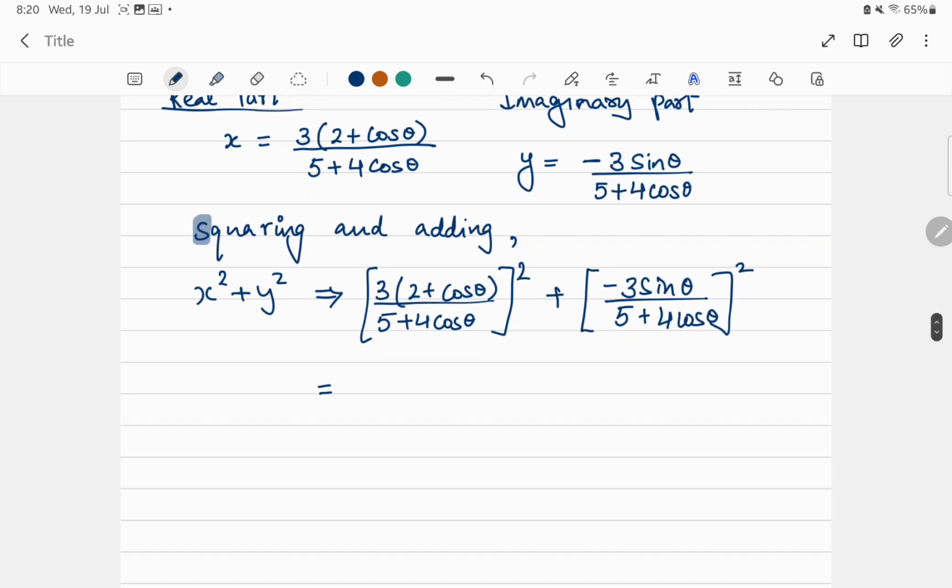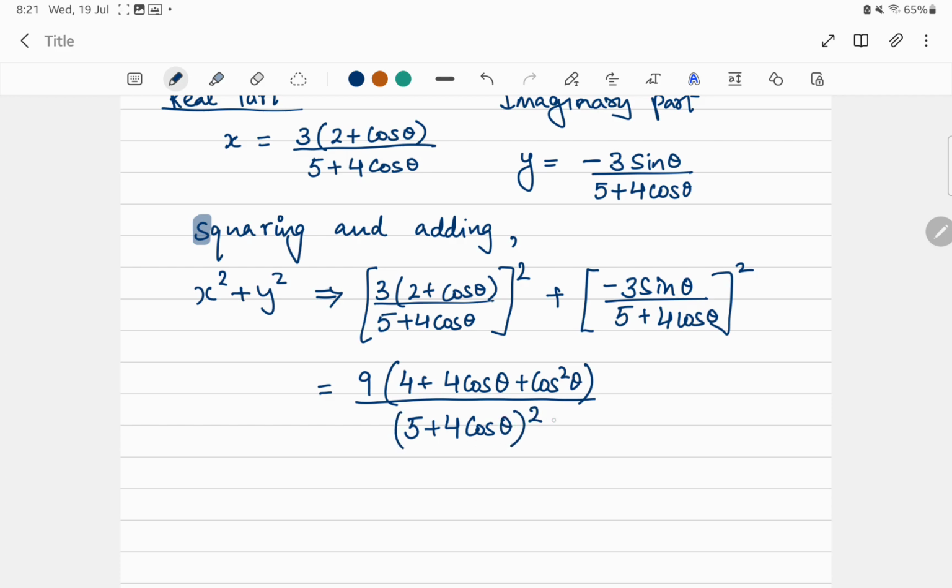All right, so now let's simplify this now. So 3² will become 9. And in the bracket, again, if we expand the bracket, it's going to be 4 + 4 cos θ + cos² θ. And in the denominator, we have (5 + 4 cos θ) squared. I'm not expanding the denominator because we will have the same denominators for both the fractions. So let's see if we can get around without expanding.